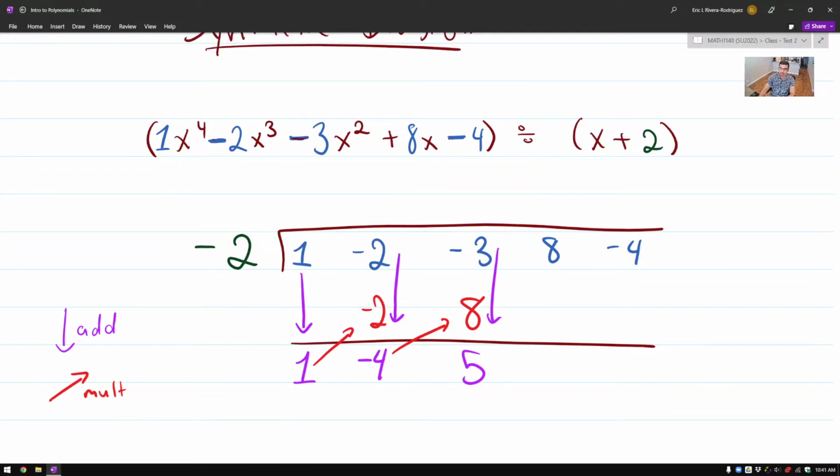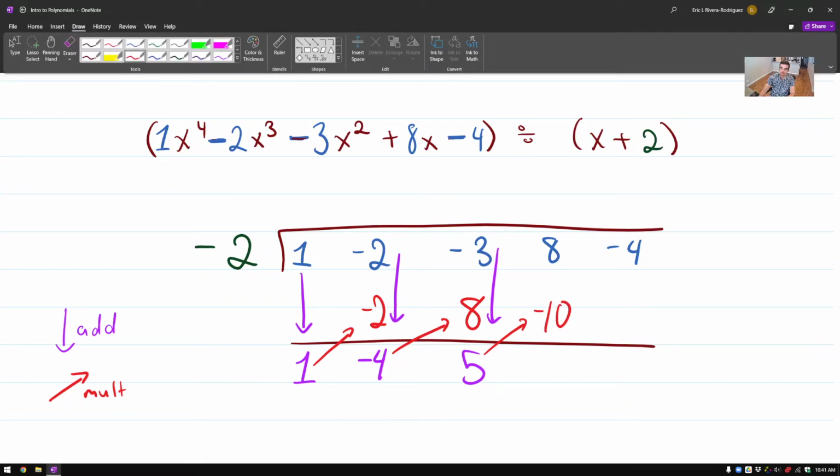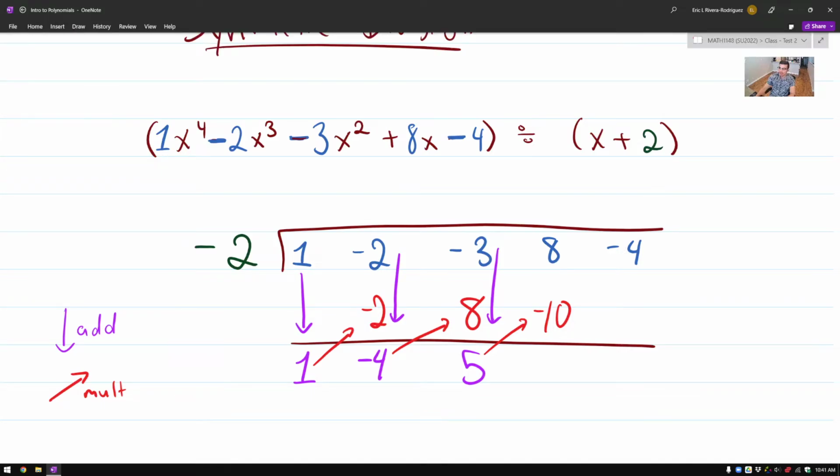We go up. Multiply 5 times -2, that gives us -10. We go down. 8 plus -10, that gives us -2.